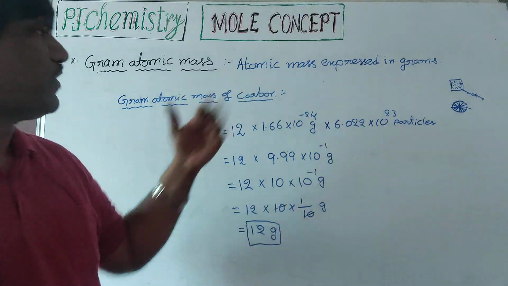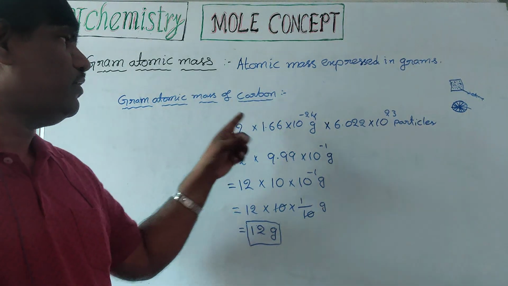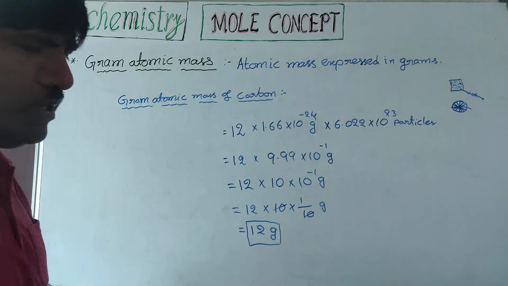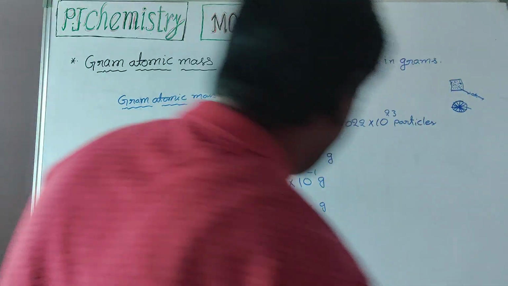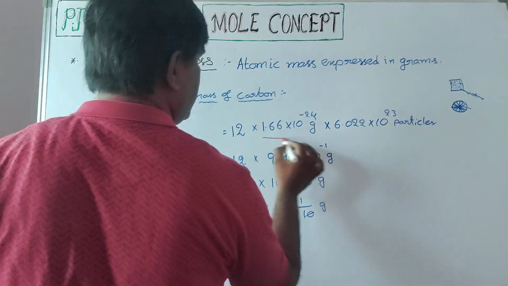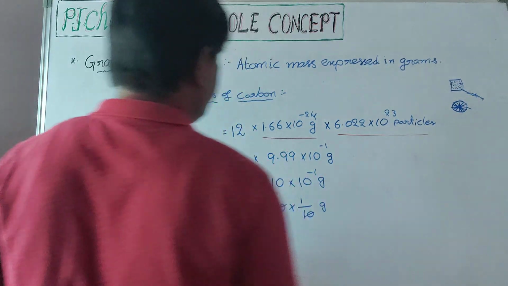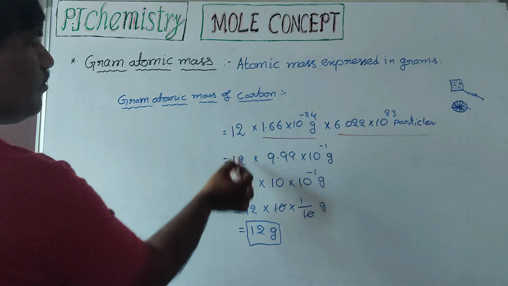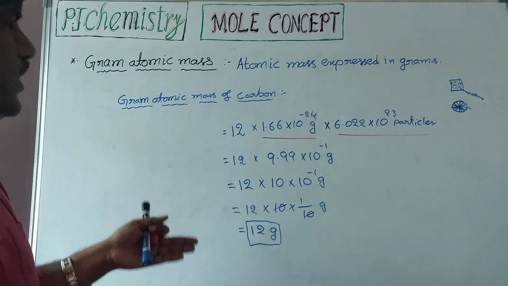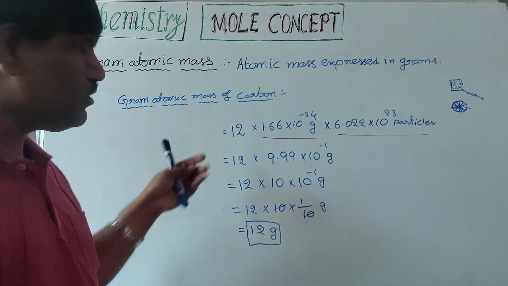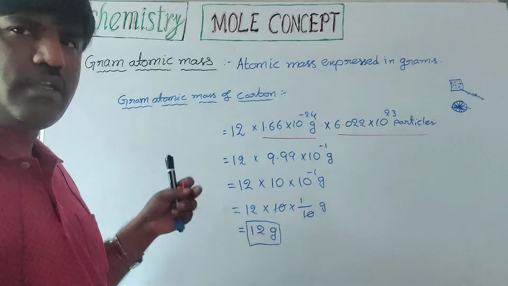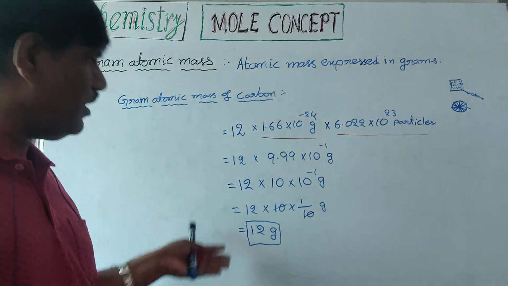Now gram atomic mass of carbon, 12 into 1.66 into 6.02. This is common for every element. Only the number changes: nitrogen means 14, oxygen means 16, sodium means 23, calcium is 40, like that.